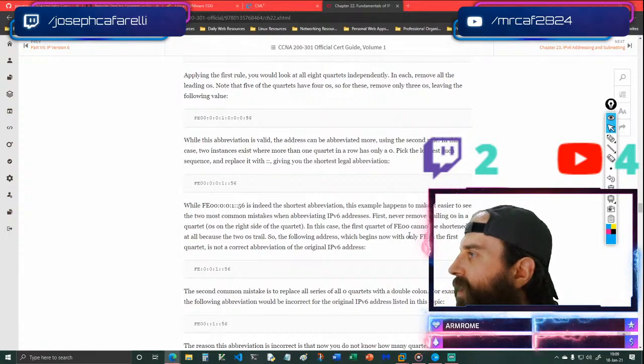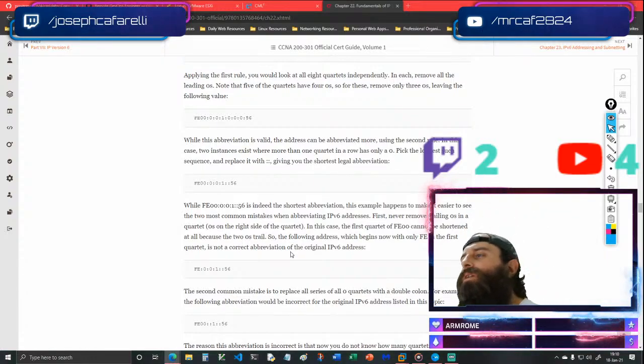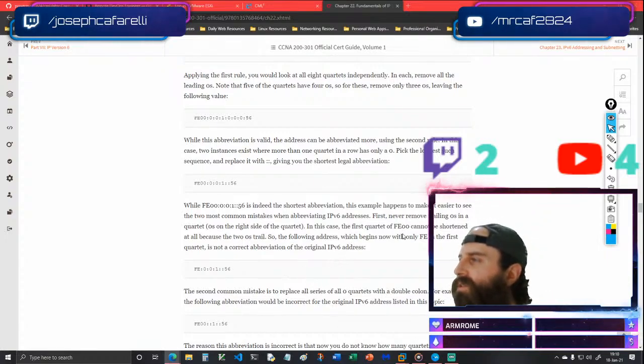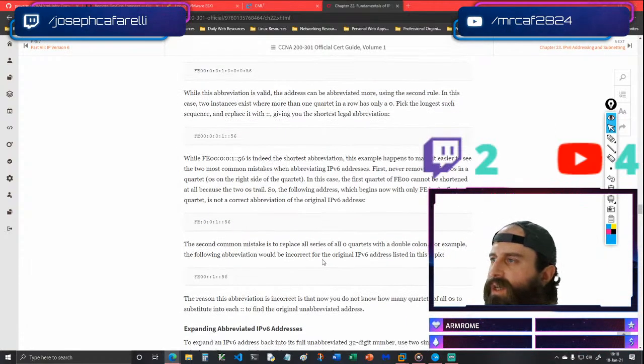The quartet FE00 cannot be shortened at all because of the 2 trailing zeros. So the following address, which begins now with only FE in the first quartet, is not a correct abbreviation of the original IPv6 address.